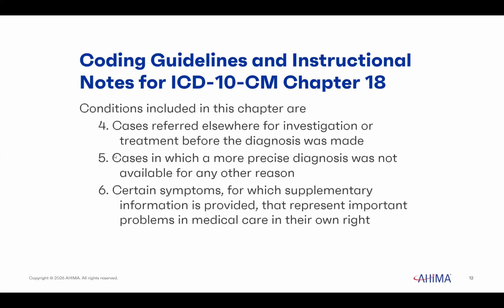So again, just kind of a repeat of what I've said on the earlier slide, but worth mentioning. If somebody goes somewhere else for investigation or treatment before diagnosis is made, it's appropriate to use a sign or symptom code. If you have a more precise diagnosis, it's not appropriate to use the sign or symptom code.